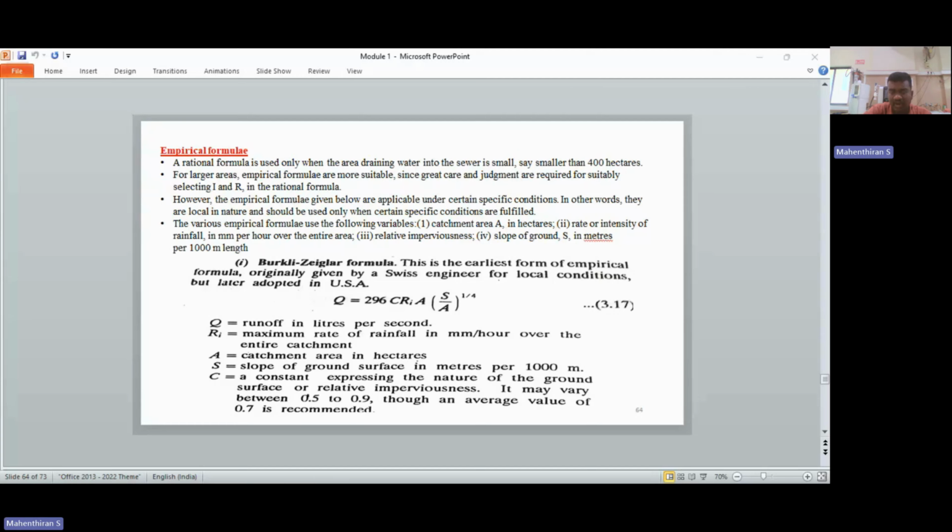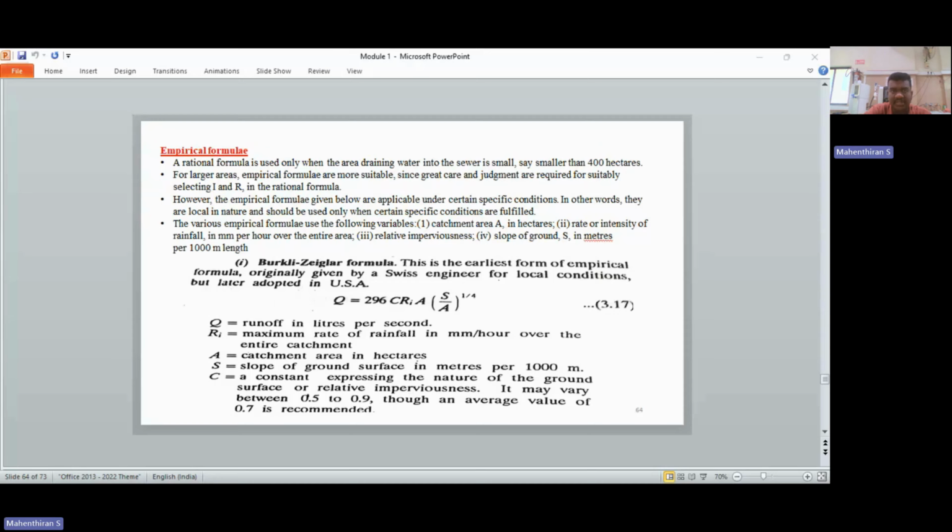Now we will see how we select C. C is equal to 0.5 is for permeable surfaces, sandy soils, gentle slopes, vegetated catchments, and grassland. C is equal to 0.7 can be used in average and mixed conditions, where it may be partly impervious as well as partly pervious.